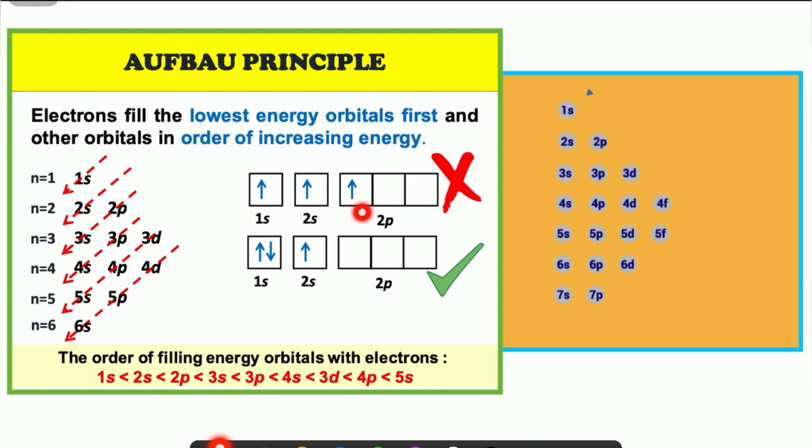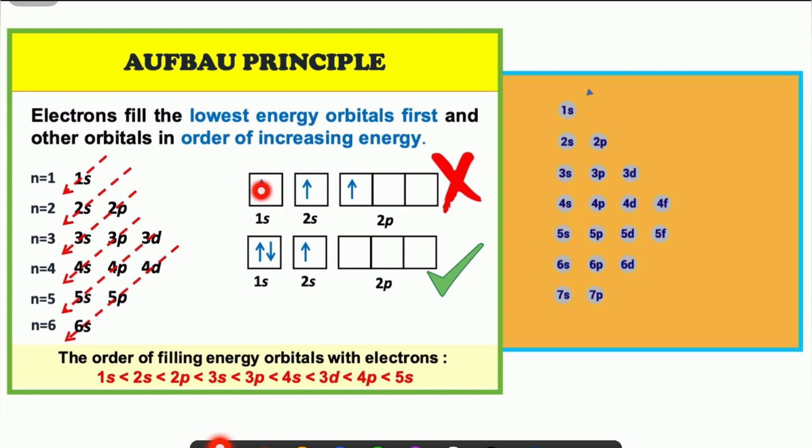It shows that it is wrong. Why? Because when you fill the electrons in the orbital, you have to fill to the maximum. So for the example 1s, the maximum number of electrons that can fill orbital s is 2 electrons. So you have to complete the first orbital with the 2 electrons, using the upside down electrons.